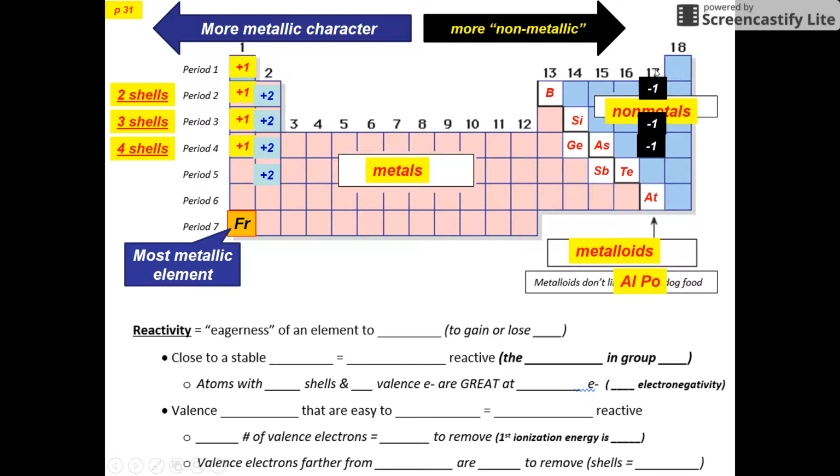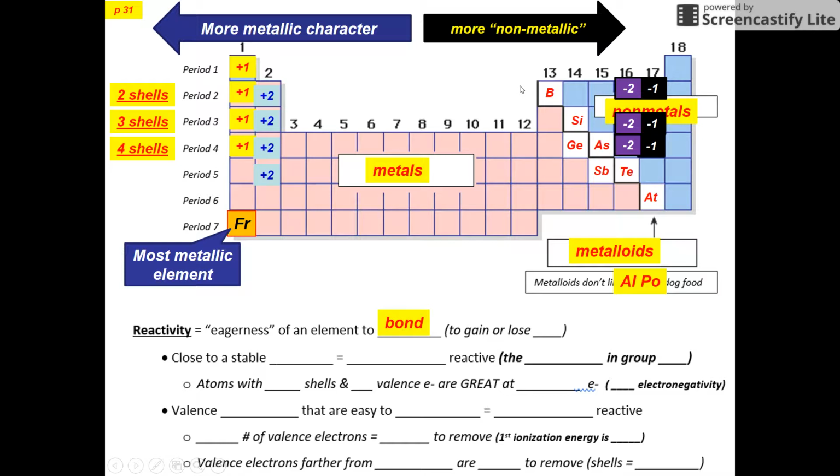And so it's very, very common for these group 17 elements to steal 1 electron from somewhere and then have a -1 charge. And in group 16, they've got 6 valence electrons. They're so close to 8, they can just taste it. So they're very likely to steal or gain 2 electrons from somewhere and become -2 ions. Okay? And that's, again, stuff that we've already learned from the beginning of the year.